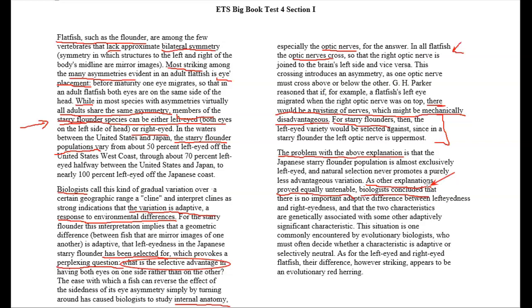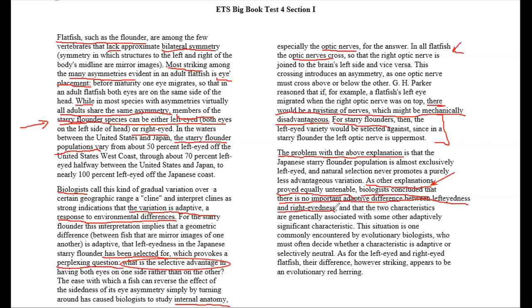The conclusion of the entire passage, or conclusion to some discussion that was happening in the passage, basically lies here. So we need to read this clearly. As other explanations proved equally untenable, biologists concluded that there is no important adaptive difference between the left-eyedness and right-eyedness.